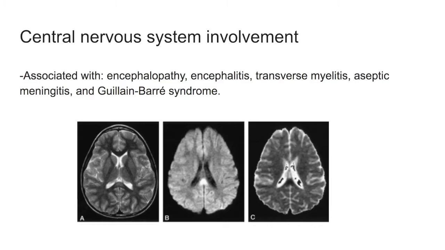These are some of the MRI pictures of a 4-year-old that presented with a couple of days of cough, hallucinations, and disorientation. Eventually, they did imaging as well as took CSF out. It looked like an aseptic meningitis kind of picture, but they couldn't grow anything out of the cultures.